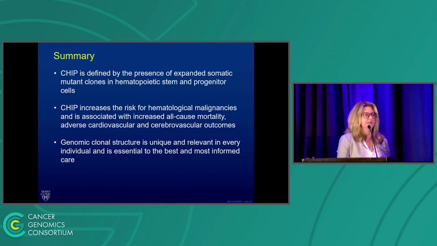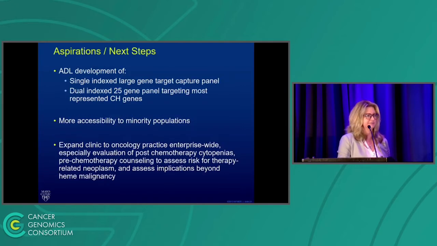But most important, genomic clonal structure is unique and relevant in every individual. And aside from all the high-throughput sequencing panels we do, integrating this into patient care using multidisciplinary teams and functional applications is and will be essential to the best and most informed care for patients.